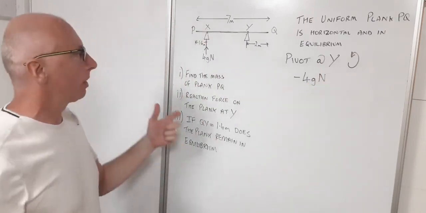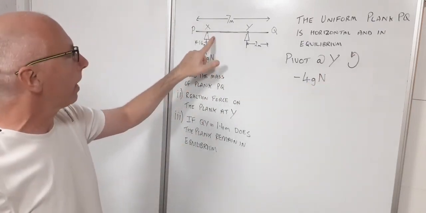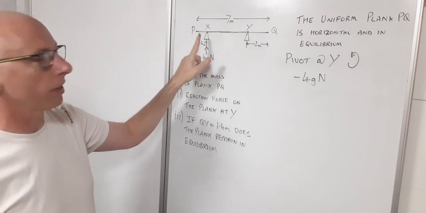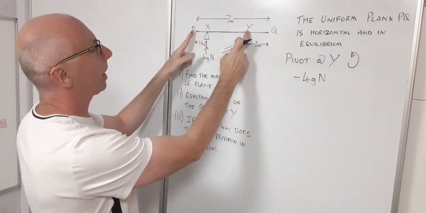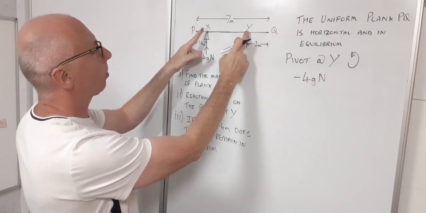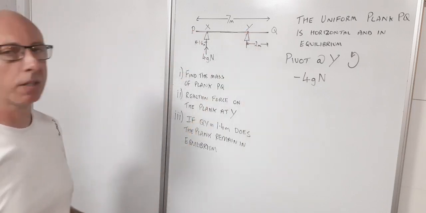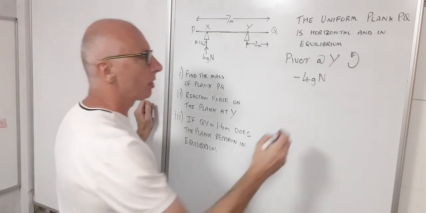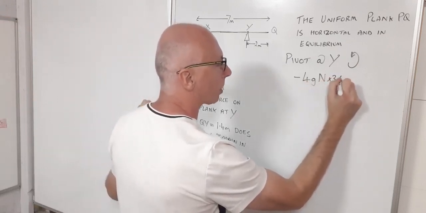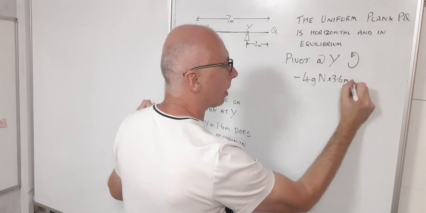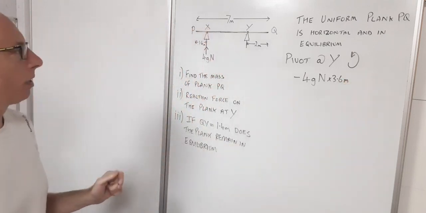I also need the distance from the pivot point Y to X. Well, if the whole thing is 7 and this is 2 meters from the edge, this PY is 5 meters, but X is also 1.4, so that leaves me 3.6 meters. So minus 4g newtons times 3.6 meters. Okay, so that's the first force.